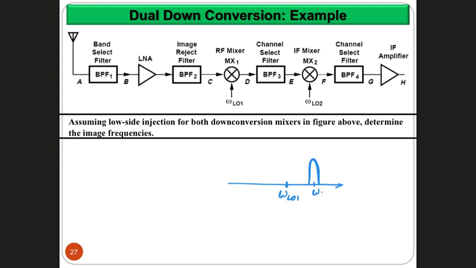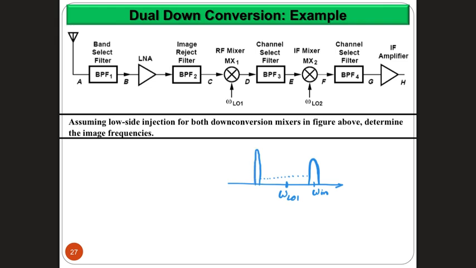This is W_IN of the incoming signal, and your image is going to be at an equal distance from here.